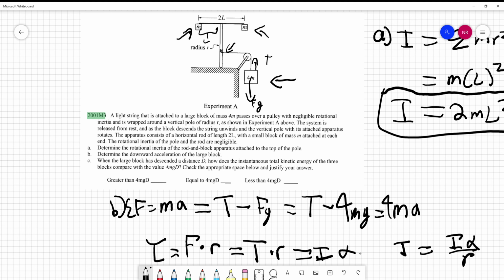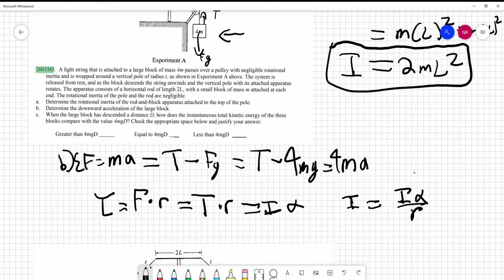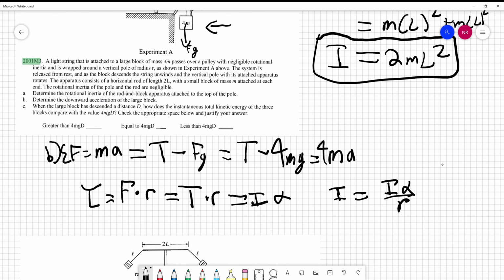Okay, this is a T. Sorry, I'll make that clearer. T equals I alpha over r. Then what we can do here is remember the conversion formula, that alpha equals a over r.